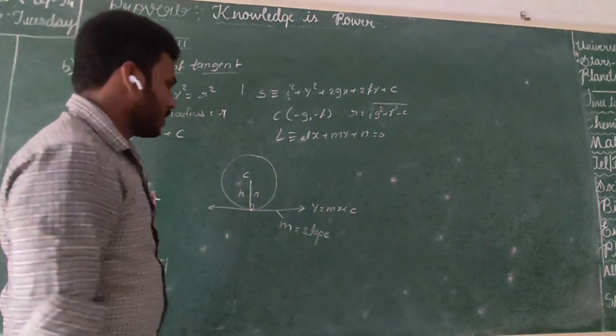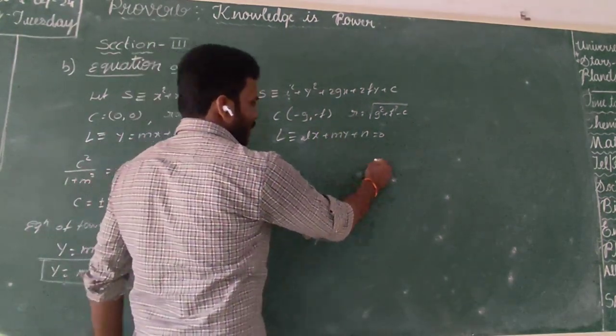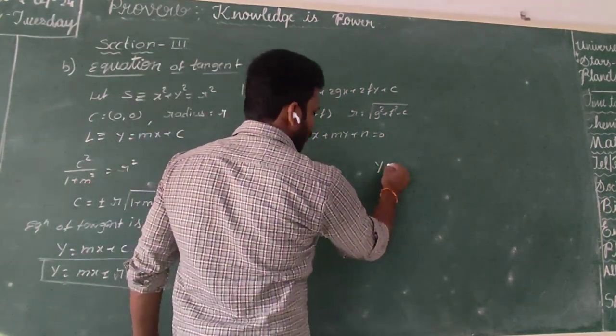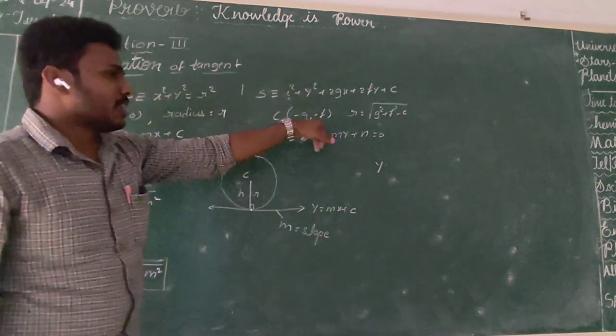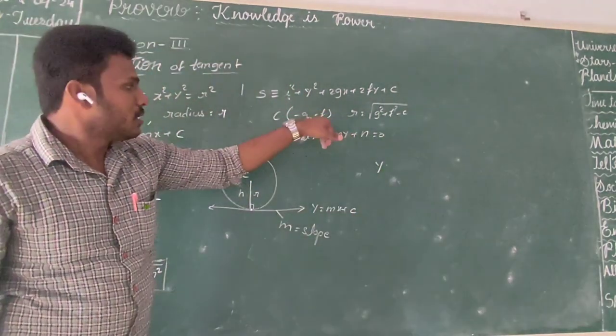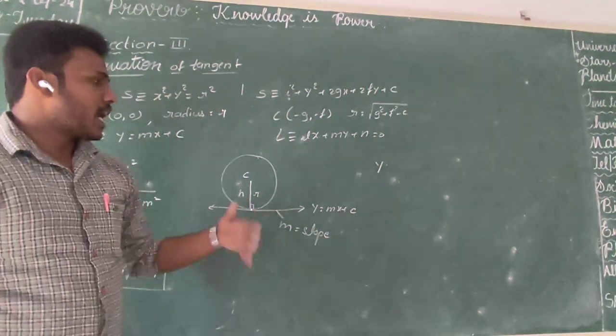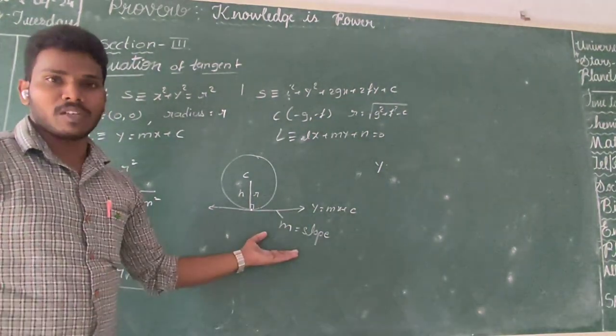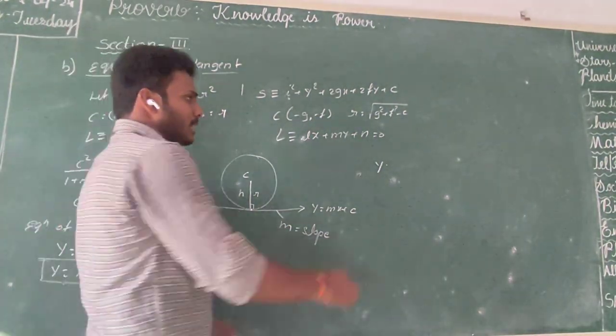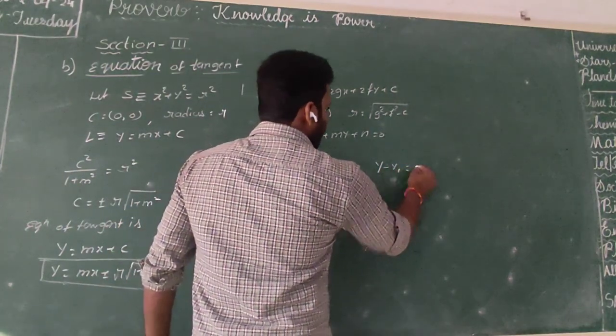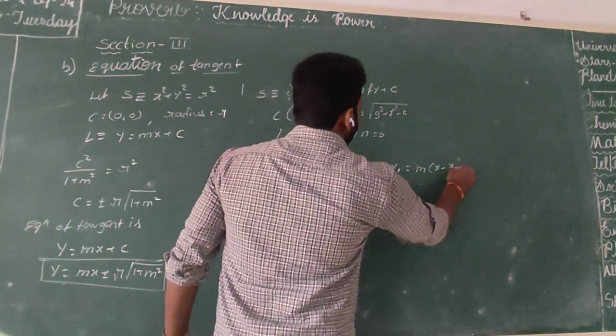For example, in this case the center is minus g comma minus f, with slope m. We know the point-slope form: y minus y1 is equal to m of x minus x1.